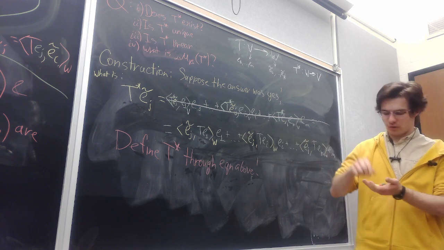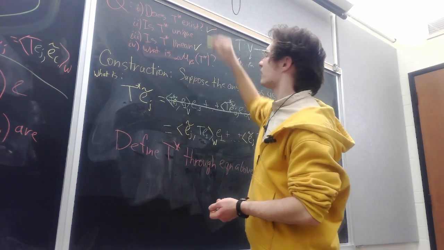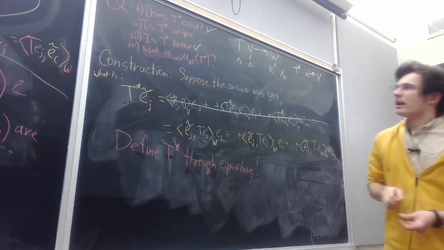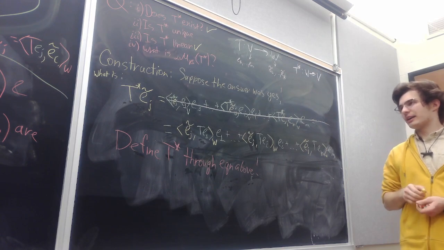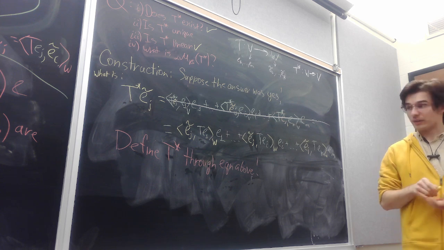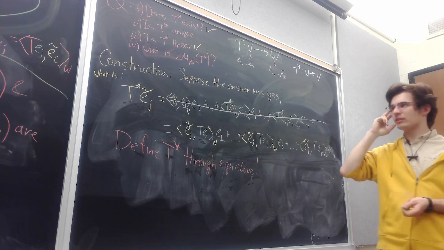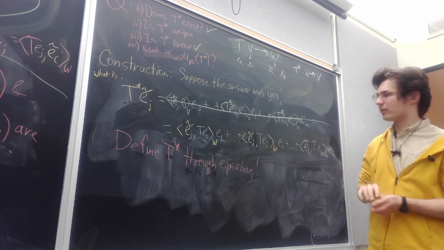Okay, so from this definition, this is a check, this is a check. Okay, uniqueness. Let's check uniqueness at the end. Even if the uniqueness is easy, I want to stick with this equation.